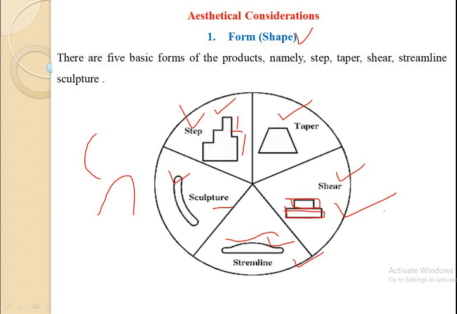For products which are movable, say the example of automobiles, the streamline and sculpture forms are suitable. So this is regarding the first aesthetical consideration, that is form or shape of the product.